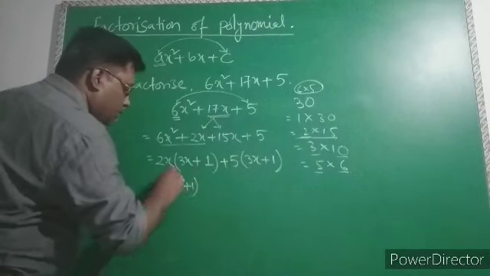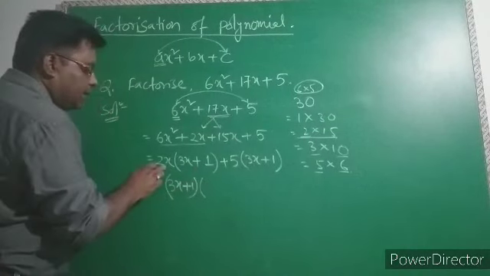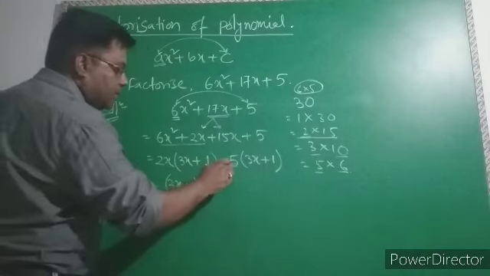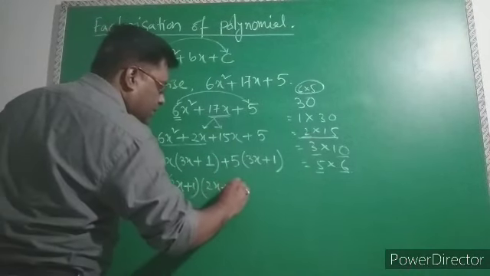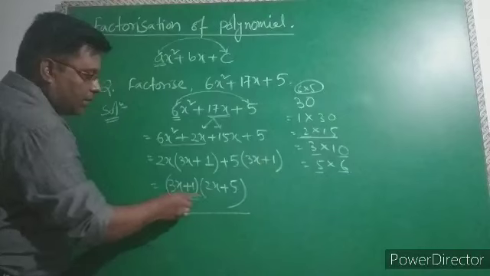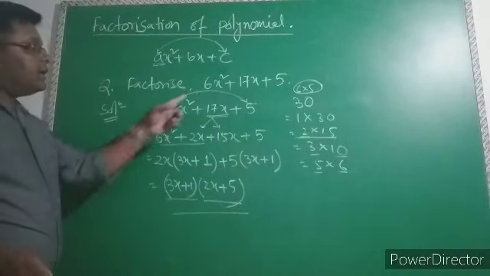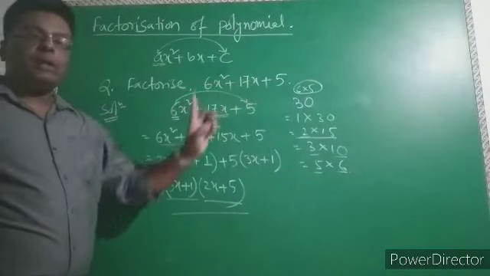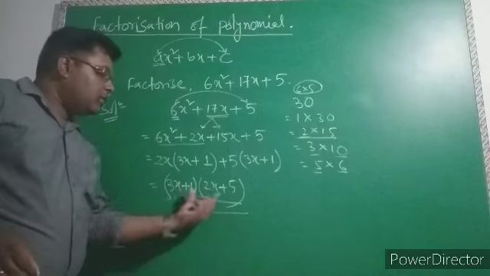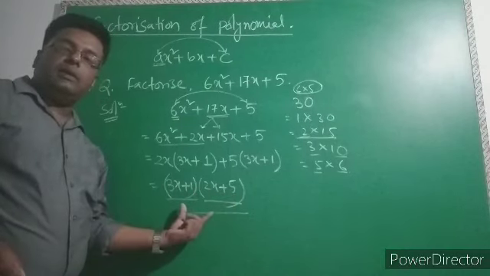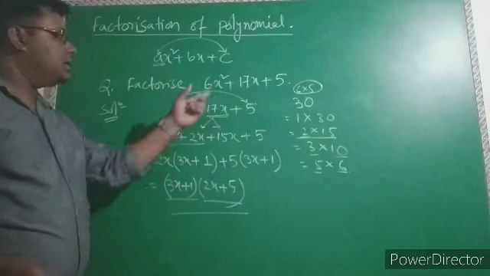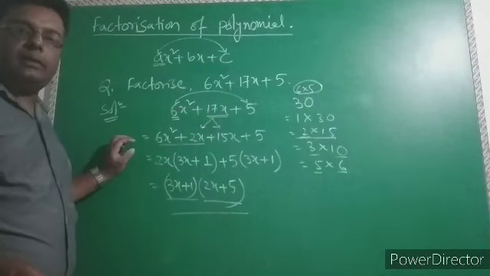Then it remains 2x plus 5. That is, our 6x square plus 17x plus 5 is expressed as the product of two terms, which are called the factors of this. So this is called factorization.